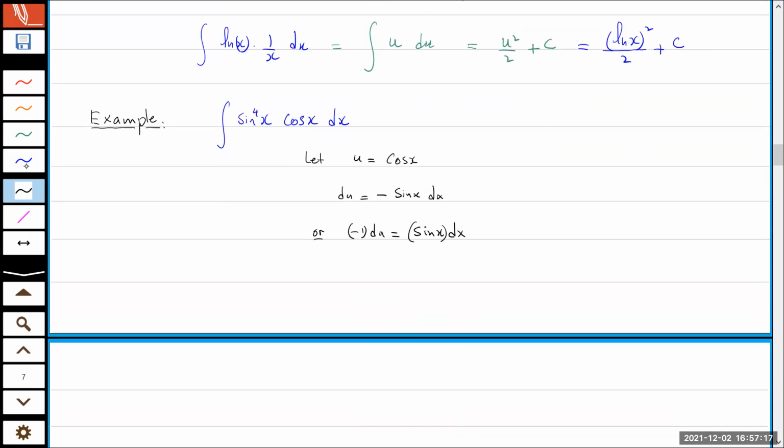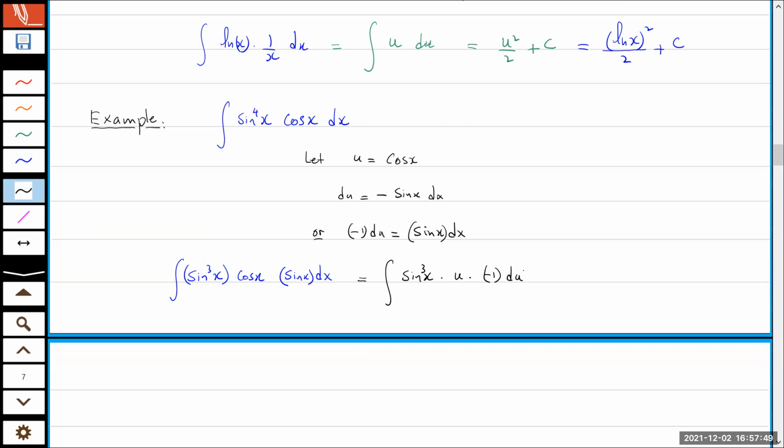Now I go to my integral. I write sine cubed x times cos x, and I take off one of the sines and gel it with dx here. With this, I can write sine cubed x, cos x was chosen as u, and sine x dx is negative du, negative 1 du.